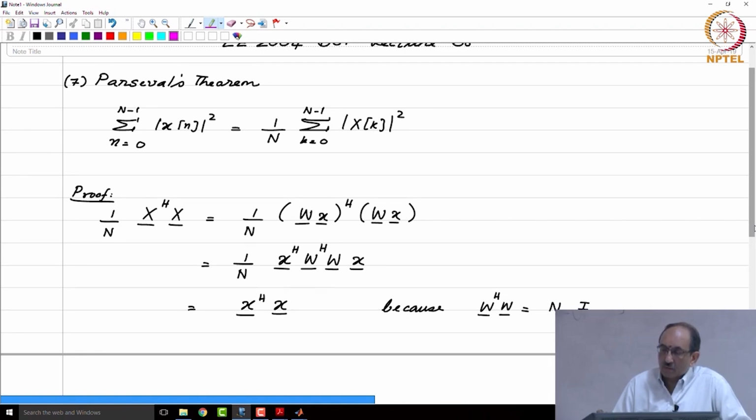One of the interpretations that you can make of the DFT coefficients, the vector cap x, which is W times little x: you can think of this in general, if you have a vector and then pre-multiply it by a matrix A, what is the interpretation of A times x, where x is a vector?